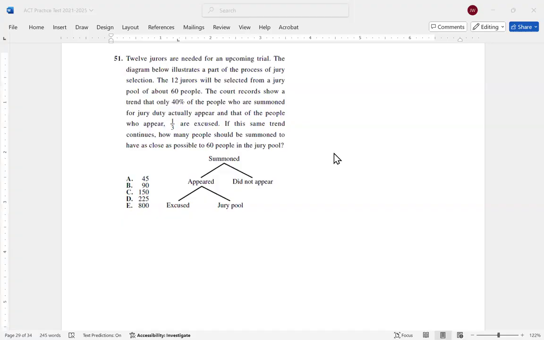Question 51. 12 jurors are needed for an upcoming trial. The diagram below illustrates a part of the jury selection process. The 12 jurors will be selected from a jury pool of about 60 people. The court records show a trend that only 40% of the people who are summoned for jury duty actually appear, and that of the people who appear, a third are excused.